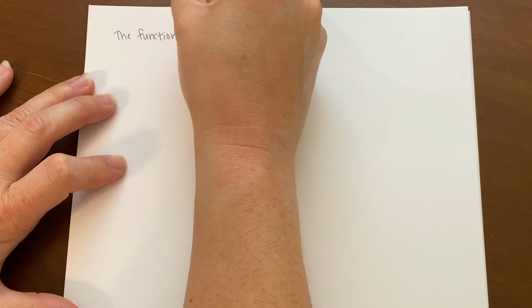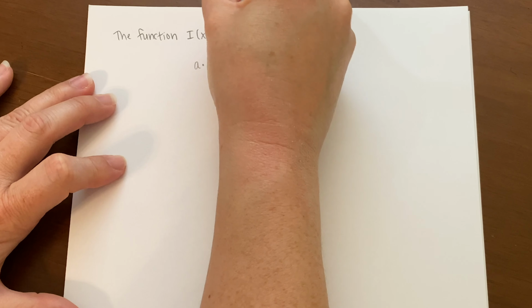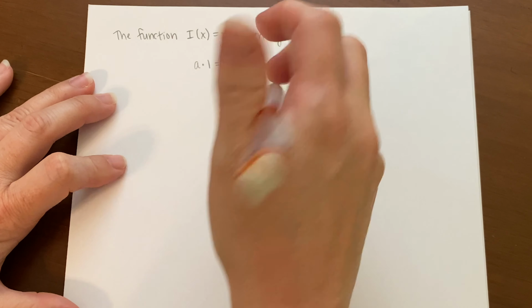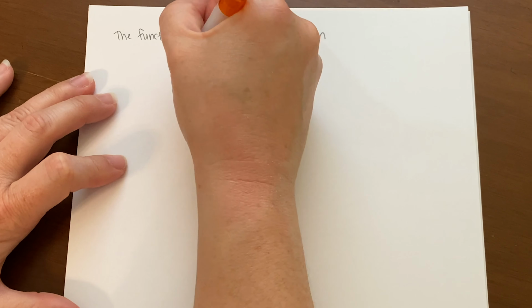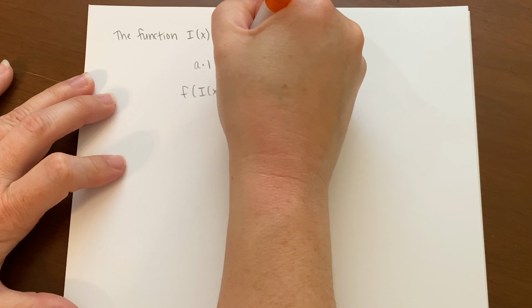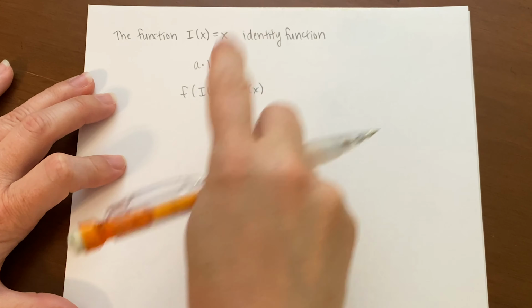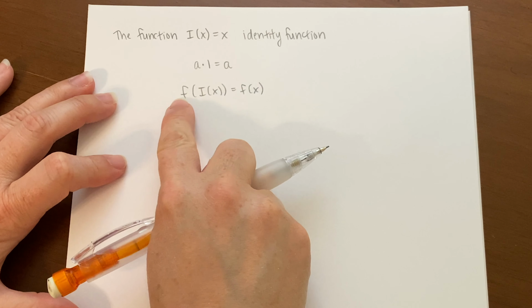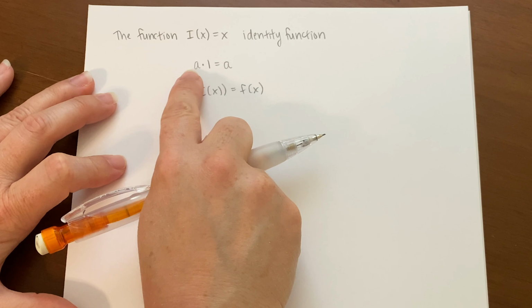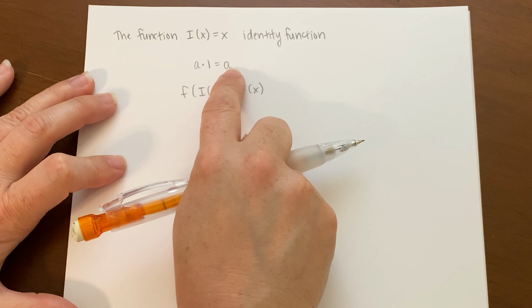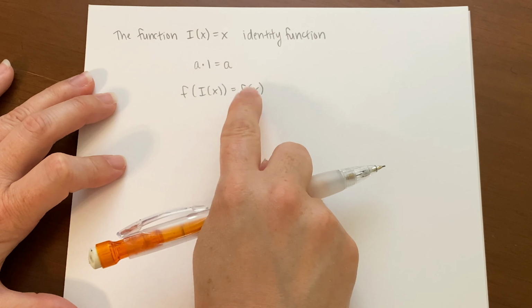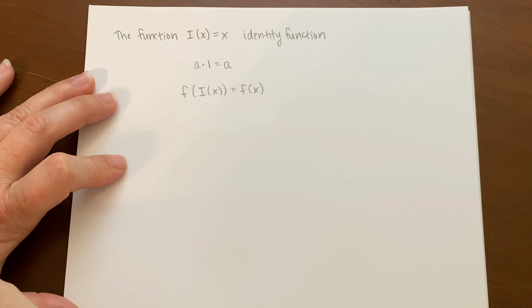So remember that a times 1 equals a. If you multiply something times 1, it keeps its identity. The identity function, if you have f of I of x, it equals f of x. So if you plug the identity function into a function, the function stays the same. Just like if you multiply something by 1, it keeps its value.